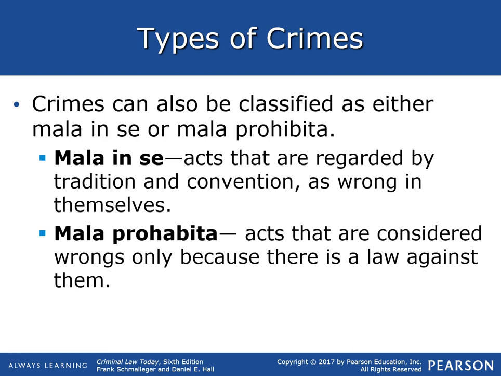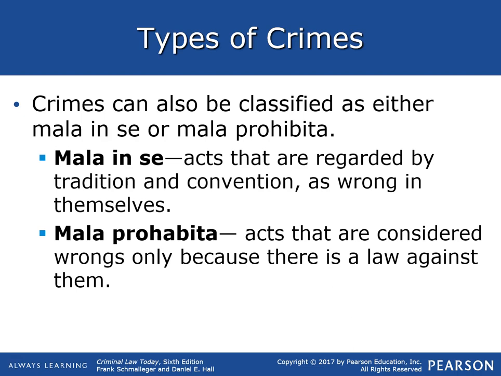And along with that, crimes can also be classified as either what we call mala in se or mala prohibita. So these are a couple of different definitions again. Now, mala in se crimes are those that are regarded by tradition and convention as wrong in themselves. Such acts are said to be evil and immoral and are sometimes called acts against the conscience.